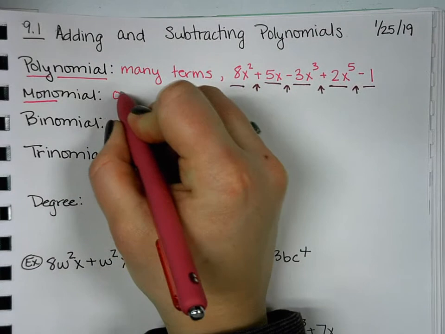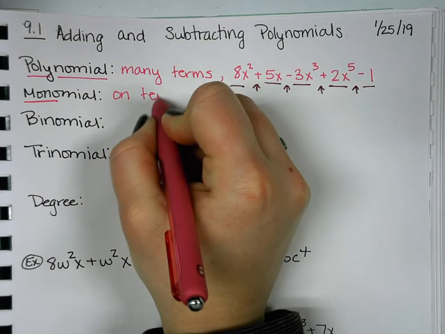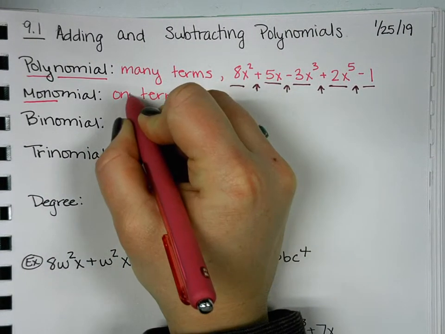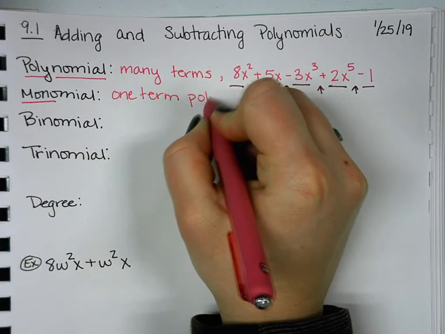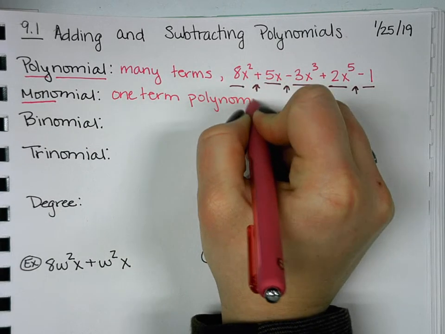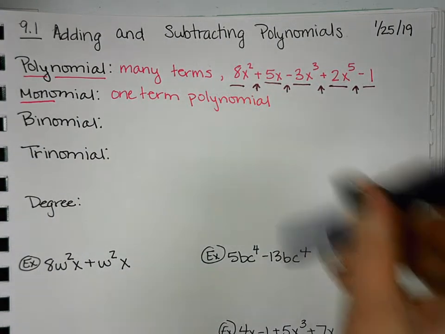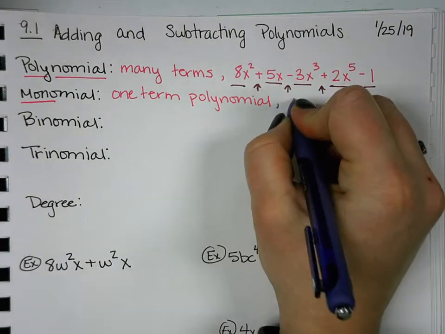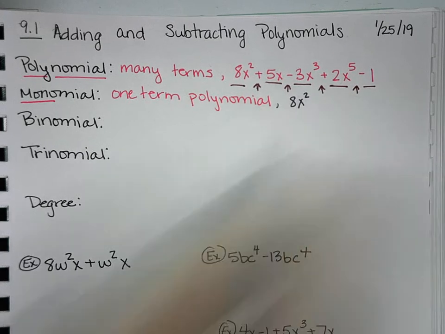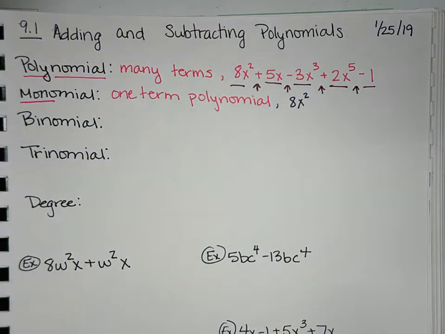So this is a 1-term polynomial. So an example of a 1-term polynomial would be just like 8x squared, just the 1 term. No pluses, no minuses, nothing, just 1 term.